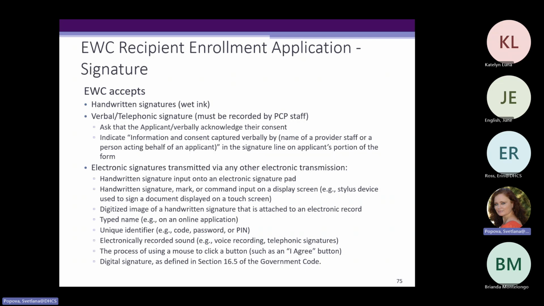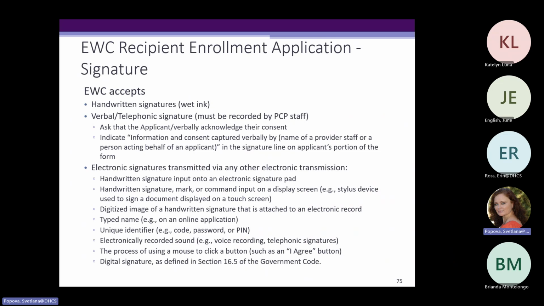But in a nutshell, we ask that applicants verbally acknowledge the consent, and then when PCP staff takes this verbal consent, they document that it was verbal and put their name, their position in the clinic, and they date it.